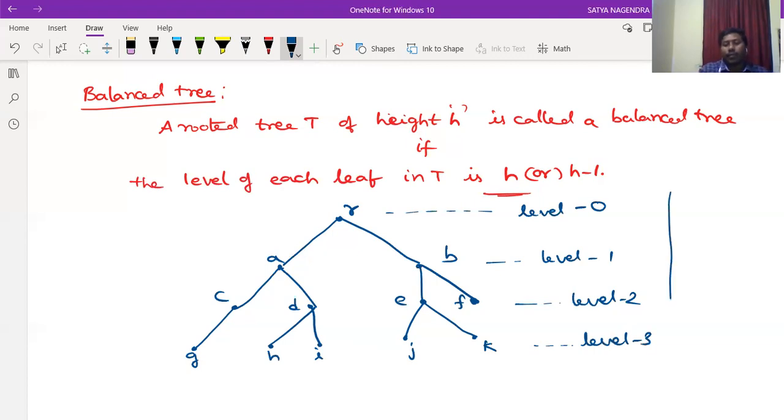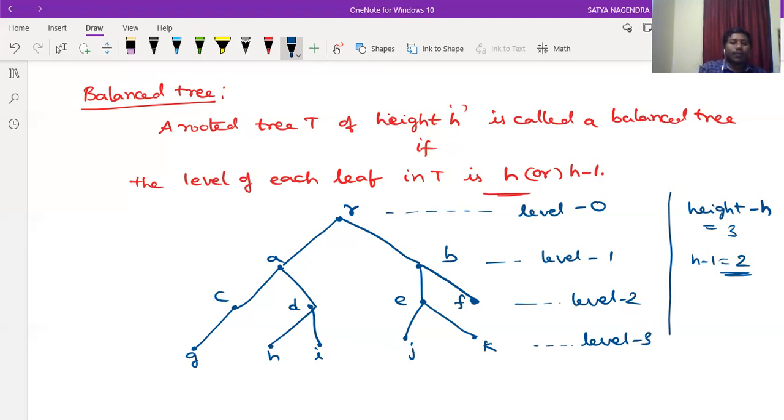So then what is the height of this rooted tree? Height is represented with H in this definition. This is the maximum level of the vertices that we have. So in this tree that is 3. Then H minus 1 means 3 minus 1, 2. Okay, so you observe the leaf nodes here.